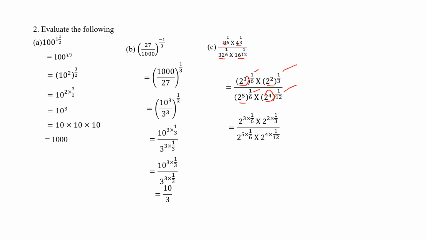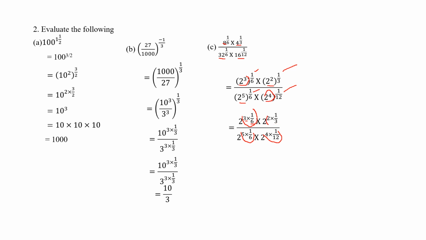Now when we open the brackets, the 3 multiplies the sixth, the 2 multiplies the third, the 5 multiplies the sixth, the 4 multiplies the 12th. The 3 will reduce the 6, and then the base will be having a power a half.